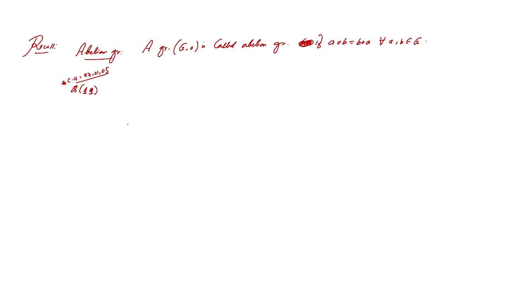The question: in a group G, if a equals a inverse for all a belongs to G, then prove that G is a commutative group, or G is an abelian group, the same name.